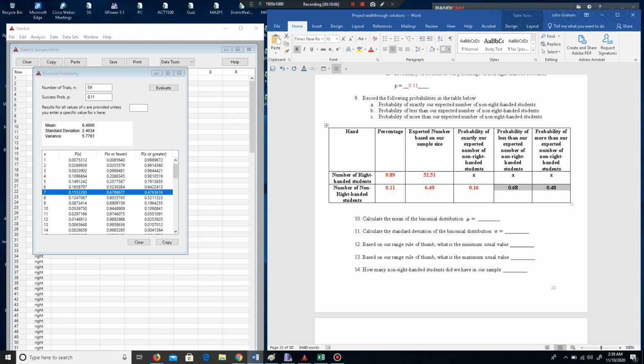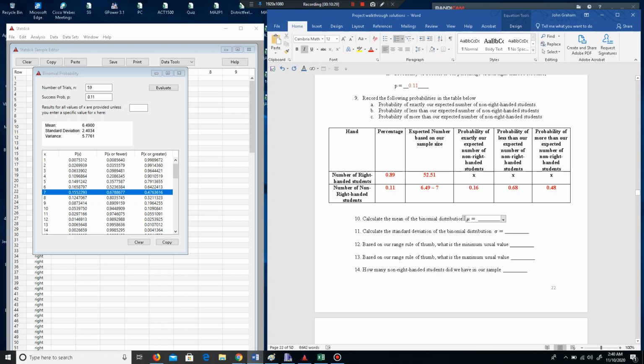I rounded the expected number up to 7 because you can't have 0.49 of a student, and I didn't really want to round it down.